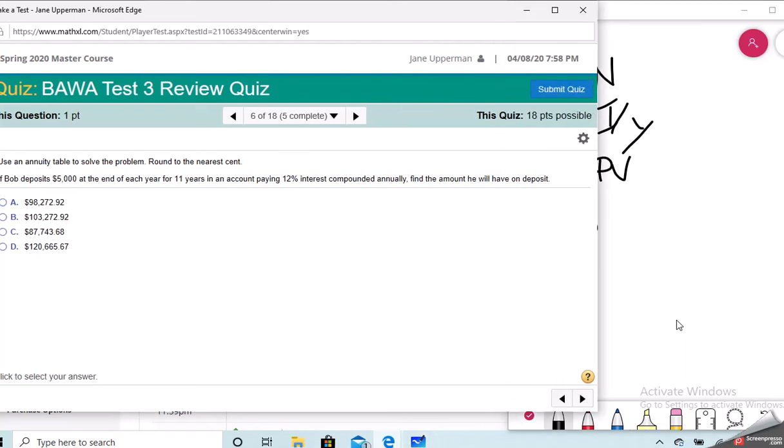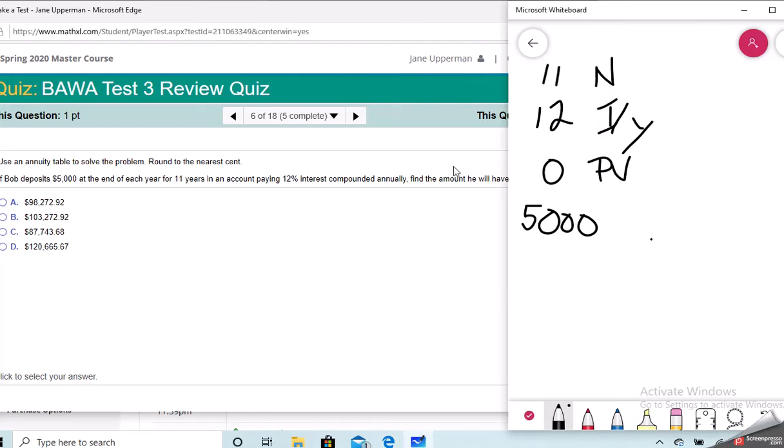So this is the, let me bring my cursor up there. That's your keywords, the end of each year. That tells us that's a payment. So then we come back over here, put that in as our payment, and then we'll compute the future value because he's still saving. So 11 is our N, 12 is the IY, 0 out that present value, $5,000 payment.